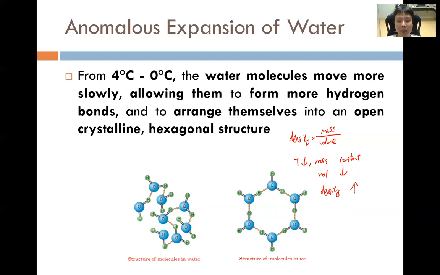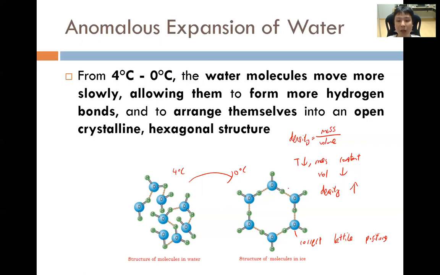Hence, from 4 degrees Celsius to 0 degrees Celsius, it needs to go to the correct lattice positions that are characteristic of the ice solid configuration. So instead of contracting, it actually expands to allow the water molecules to go to the correct lattice positions.